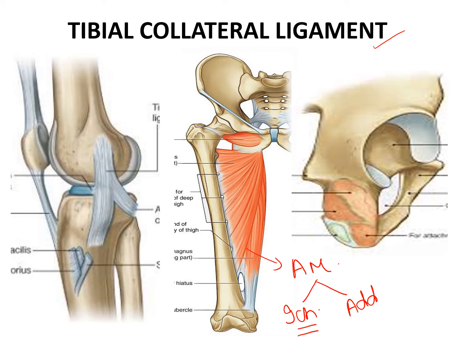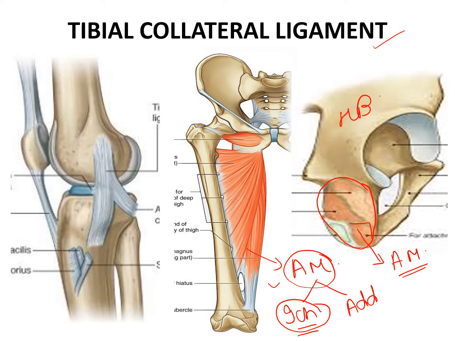The ischial component of the adductor magnus will arise from the ischial tuberosity of the hip bone, mainly this part. So the tibial collateral ligament is actually a morphological remnant of the ischial component of the adductor magnus muscle.